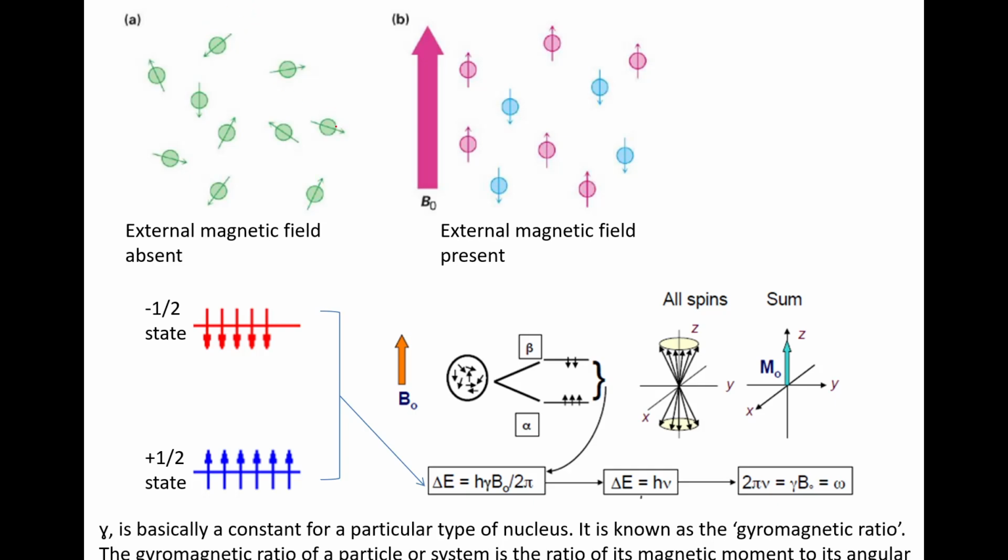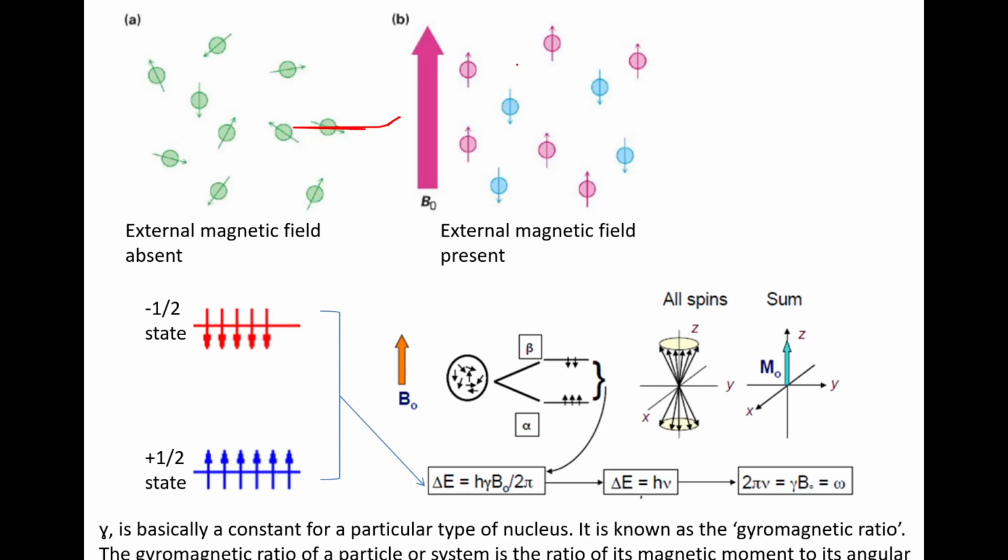It has been observed that they orient in two directions. One is parallel to the direction of the external magnetic field, another one is the anti-parallel direction to the external magnetic field, which we define as the plus half state and the minus half state.